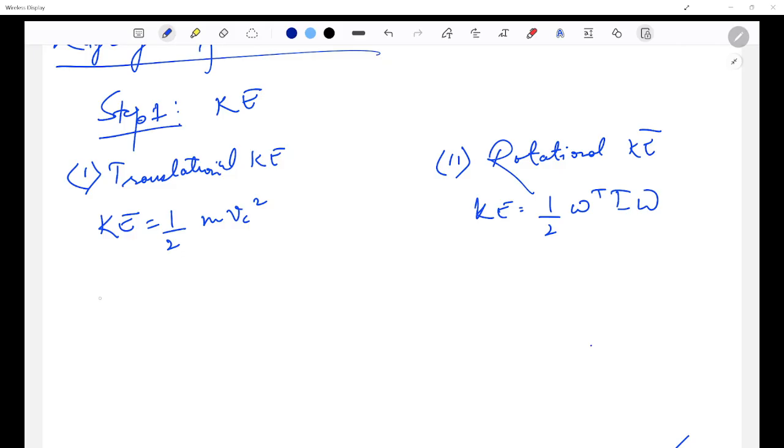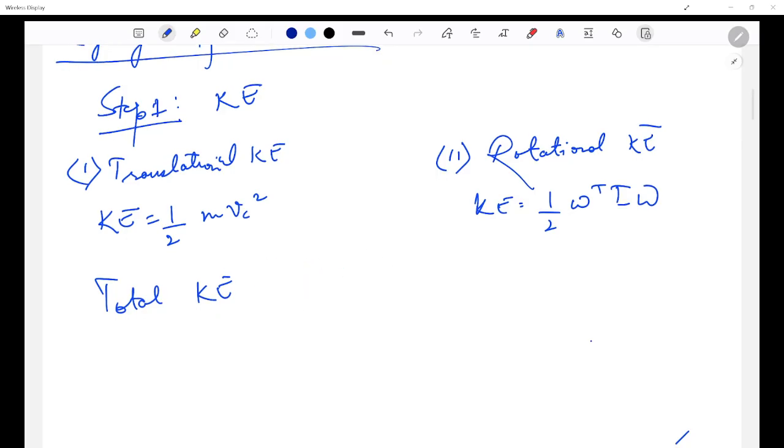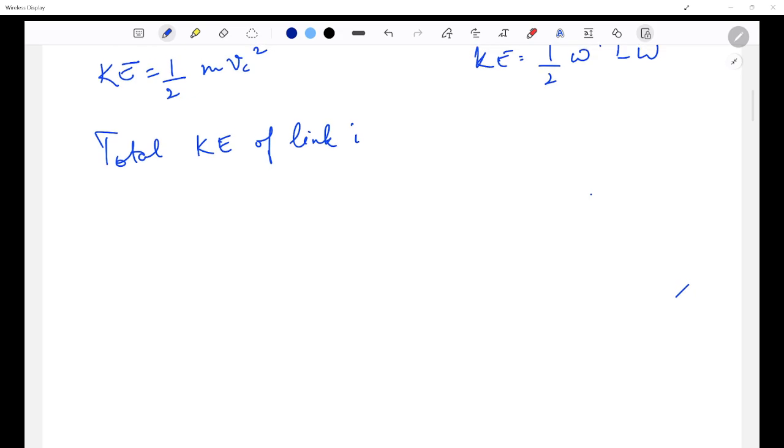So the total kinetic energy of some link i is KEi equals half mi vci square plus half omega i transpose I omega i.